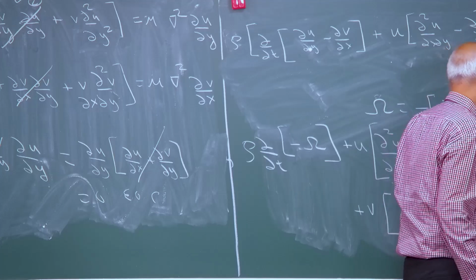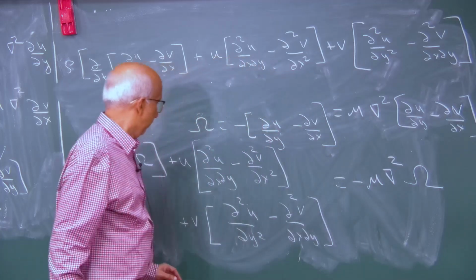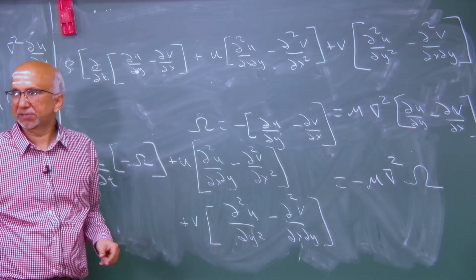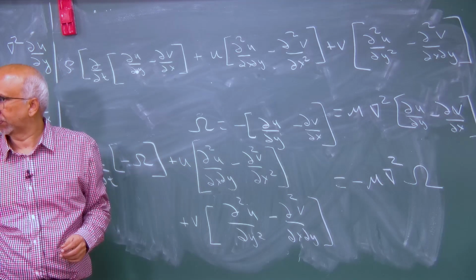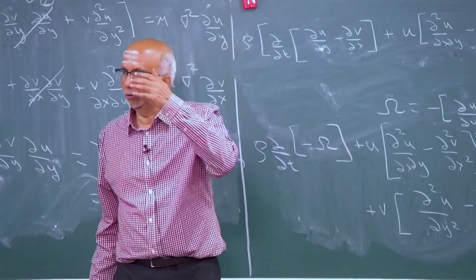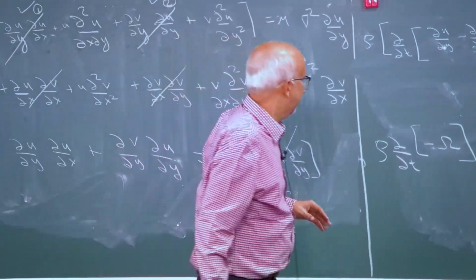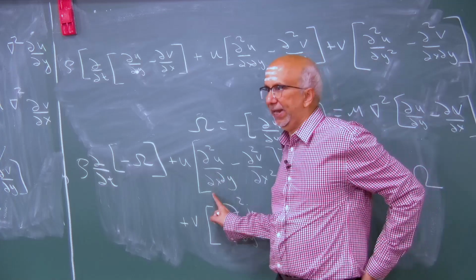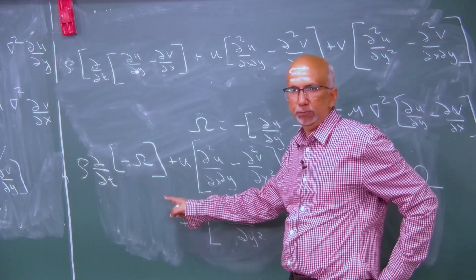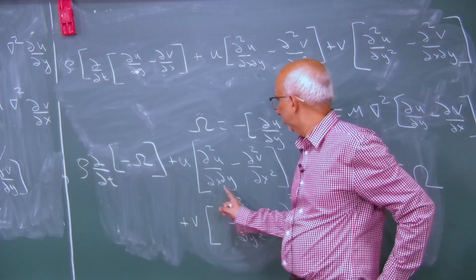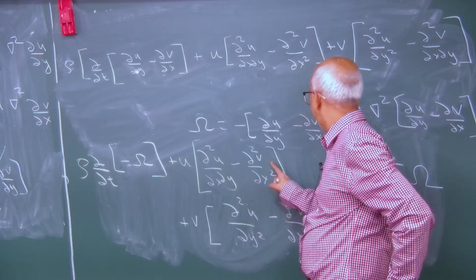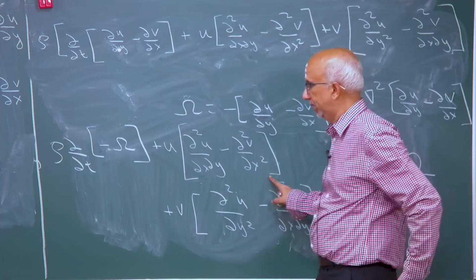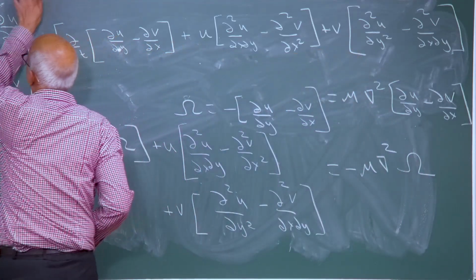Now I want to write this in terms of stream functions. I can write u in terms of stream functions. The other thing I can do is take d by dx common from these two, so it will be d by dx of du by dy minus dv by dx, that is minus omega.